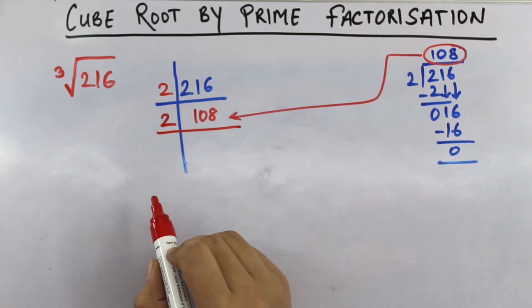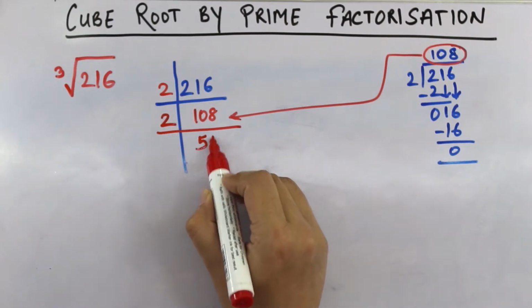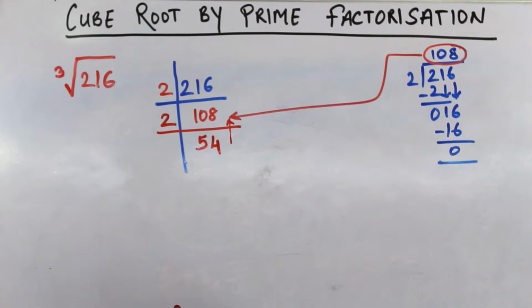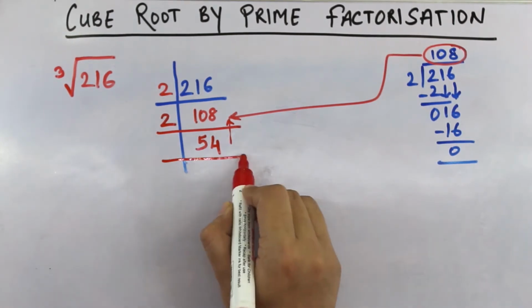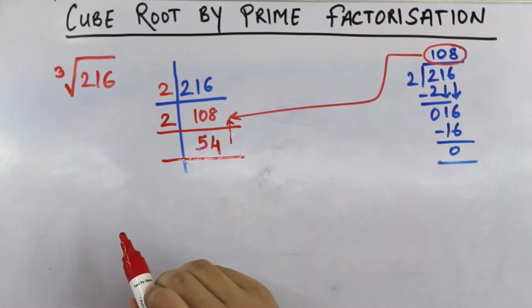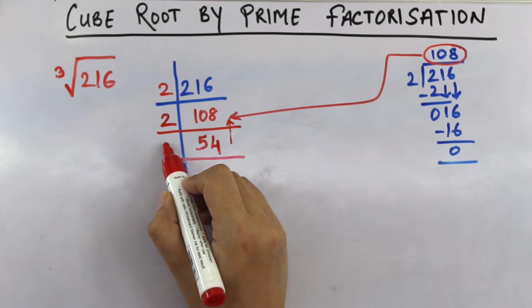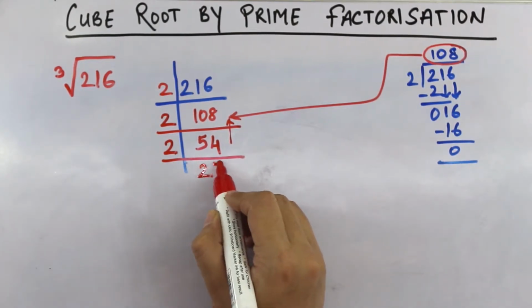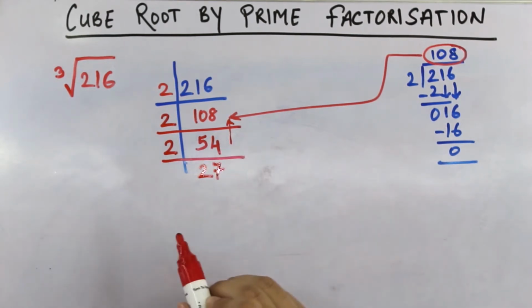So when I write 2 here, 2 multiplied by 54 gives me 108. Moving forward, I'll again divide 54 by a prime number. Again it will be divisible by 2. So 2 multiplied by 27 gives me 54.